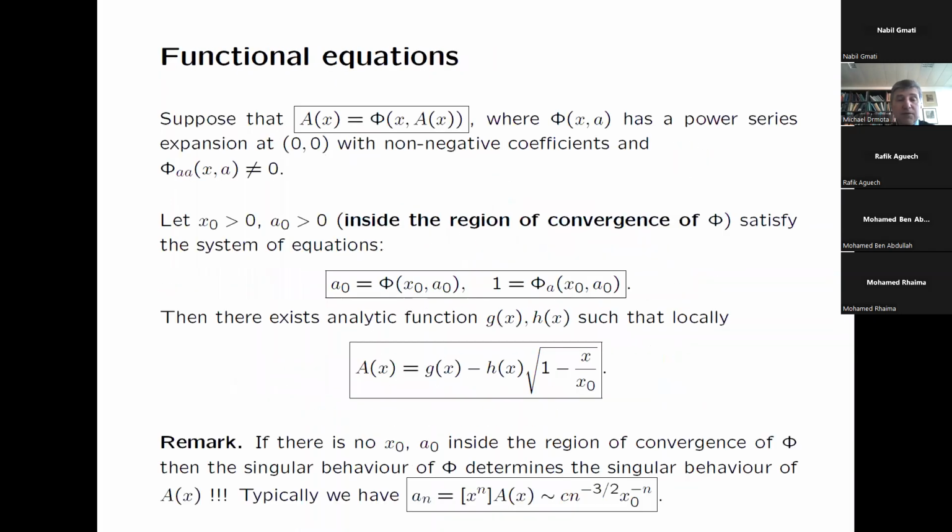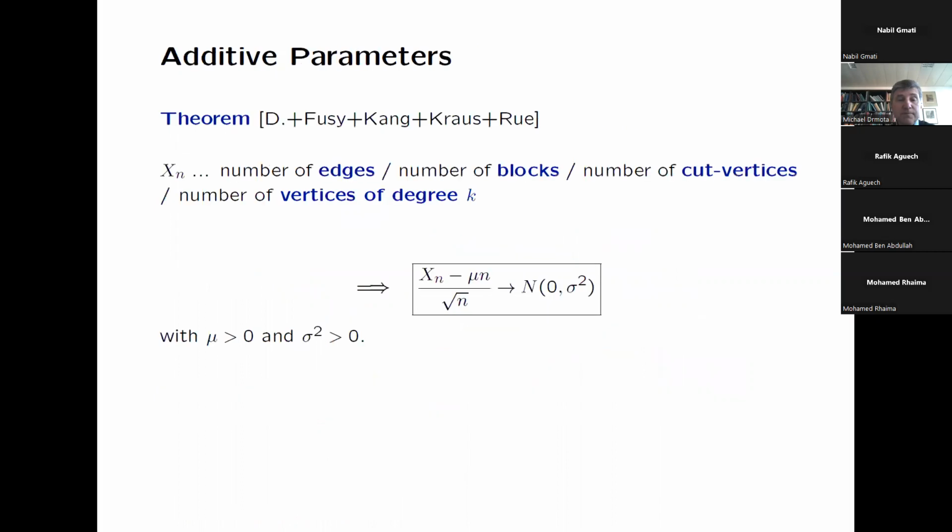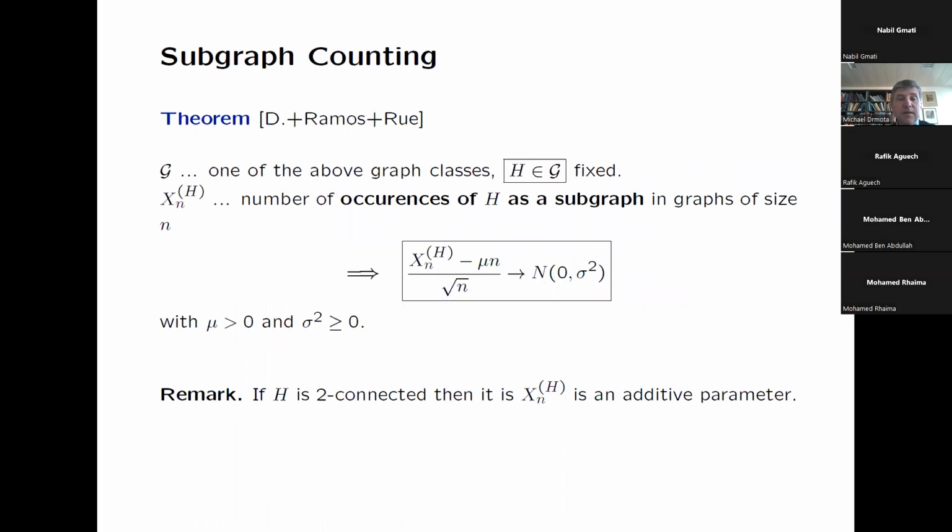So let's go back to the theorem. This is the theorem that we have. If we have a so-called subcritical graph class, series-parallel graphs, outerplanar graphs, and so on are all subcritical graph classes. They all look tree-like, which means that the two-connected components are not very big.